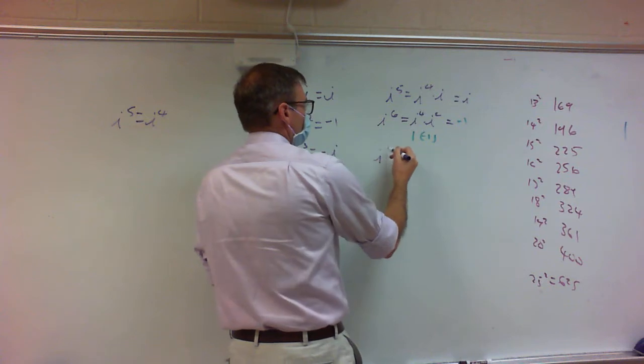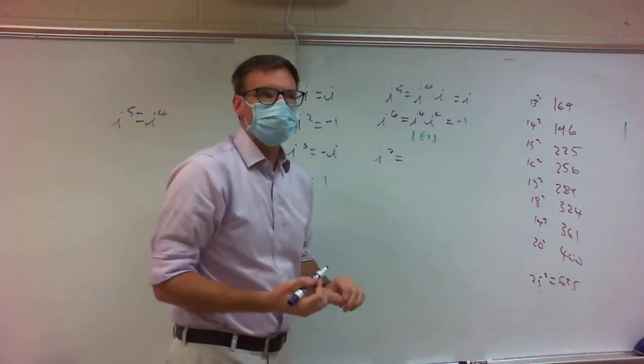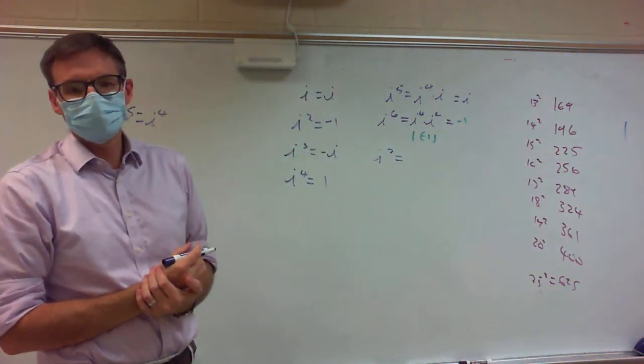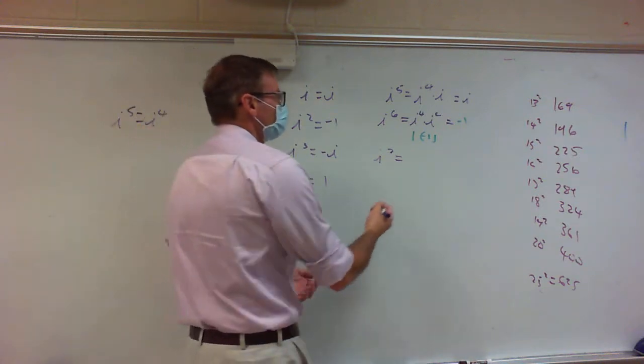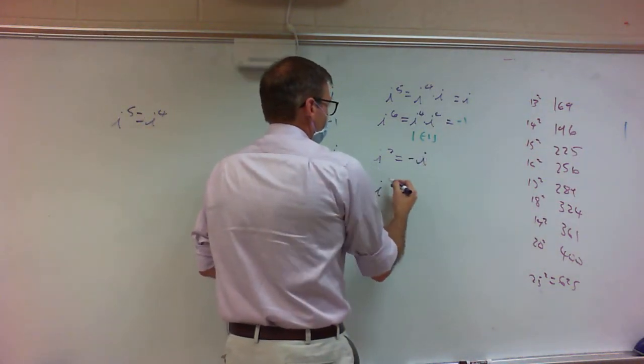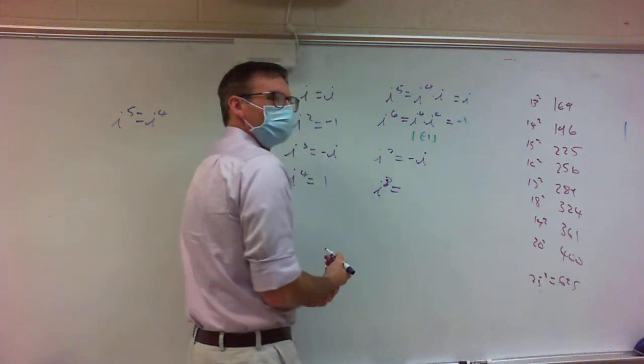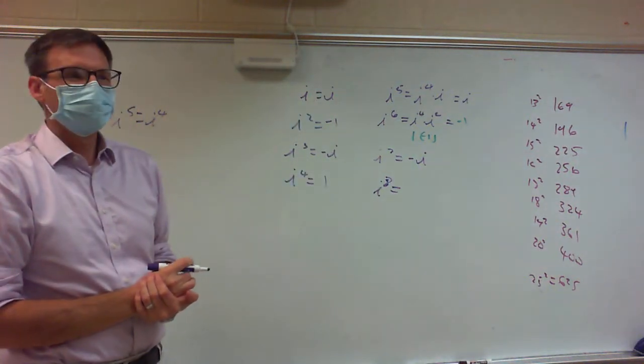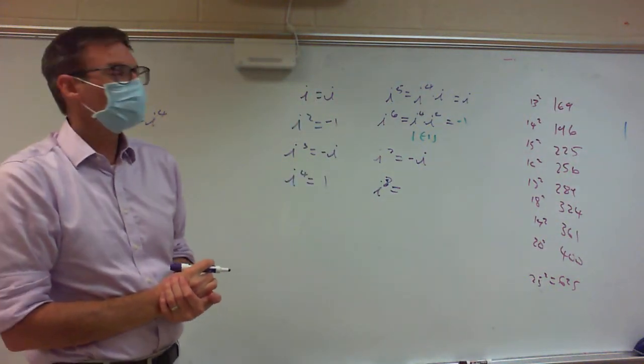Well, let's talk about I to the 7th. Any guesses as to what I to the 7th is going to be? Negative I. And we got I to the 8th: 1.